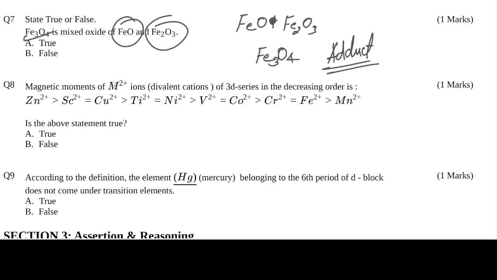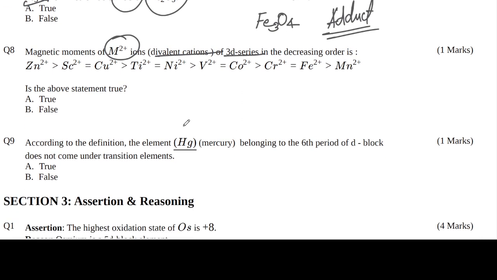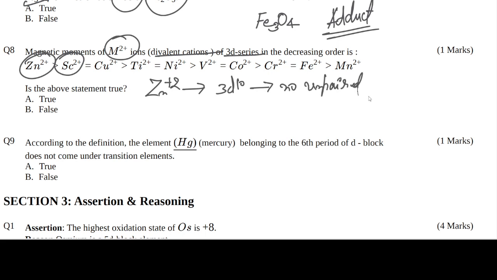In this question, the metals are present in the divalent cation form, and all the elements are 3d series elements. If you see zinc plus 2 and scandium plus 2, zinc plus 2 contains 3d10, meaning no unpaired electrons. Mu is the magnetic moment, root of n(n+2) in Bohr magneton.